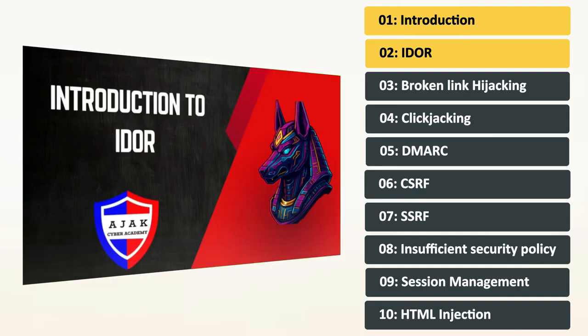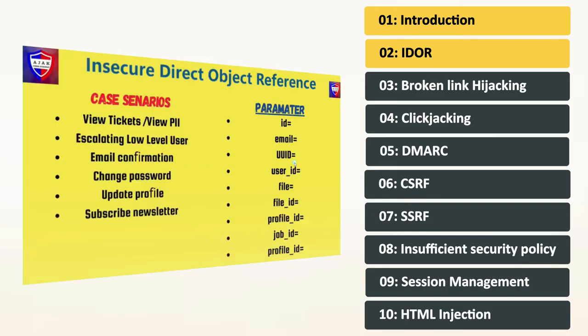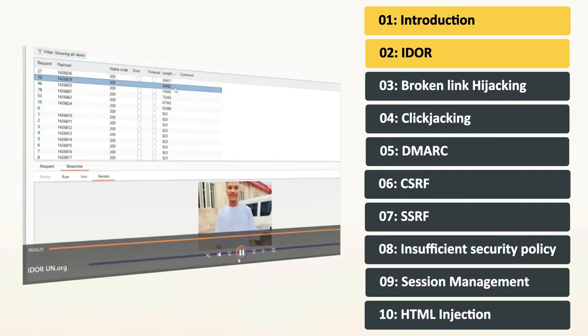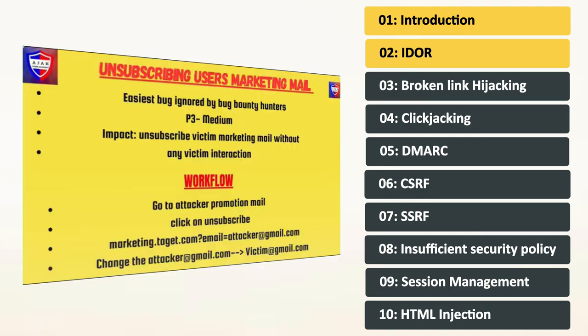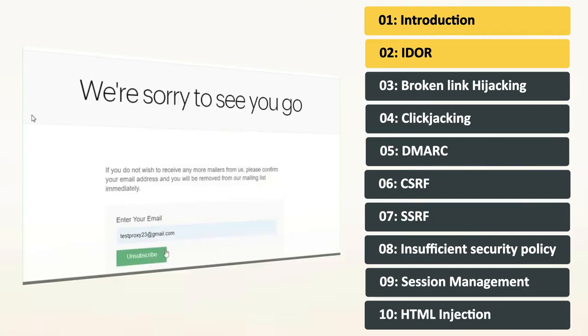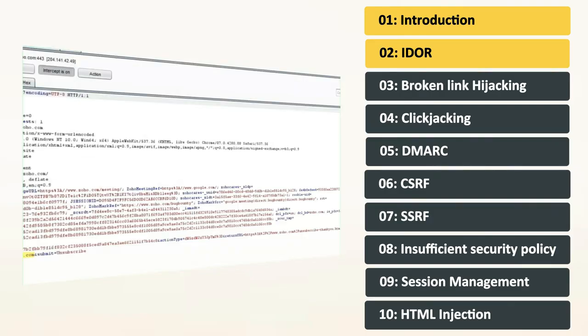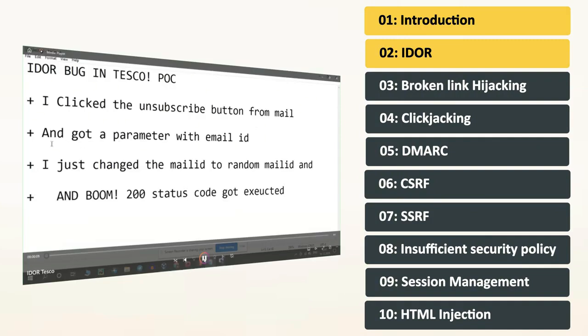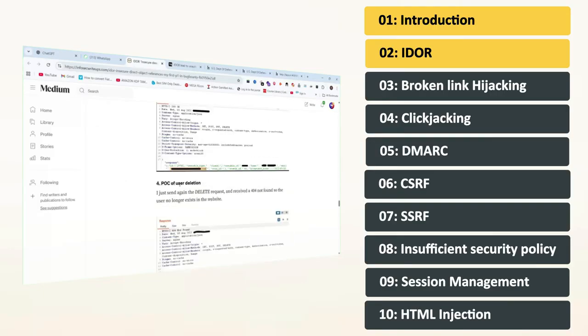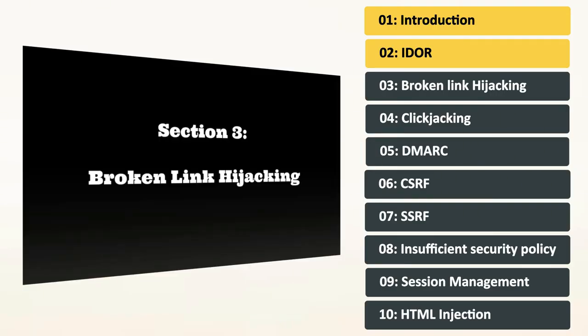Here we'll be understanding the core concept of how the IDOR bug works, followed by live hunting to view or alter other people's information via IDOR, unsubscribing users from marketing mail via IDOR, and privilege escalation bugs. Apart from this, we'll also be looking into private POC videos of IDORs, which include a Hall of Fame entry from UNO. And finally, we'll be looking into HackerOne reports.